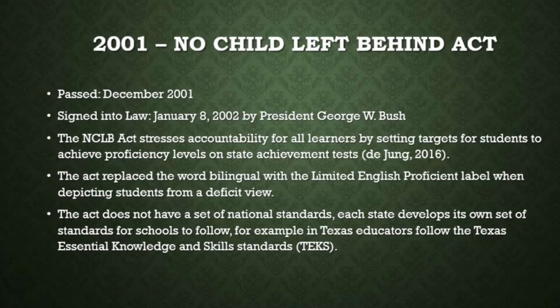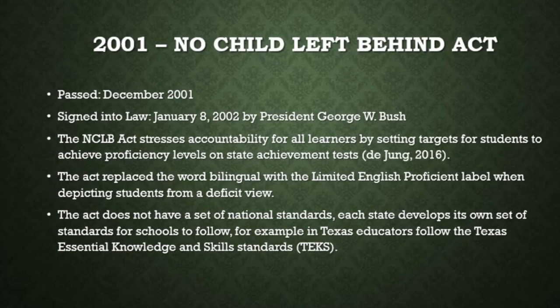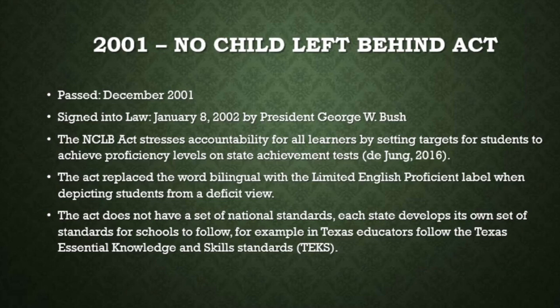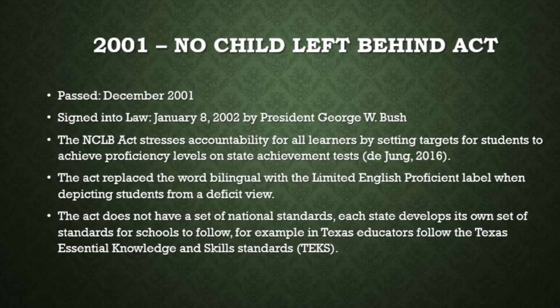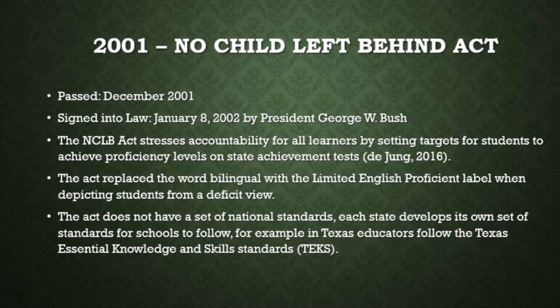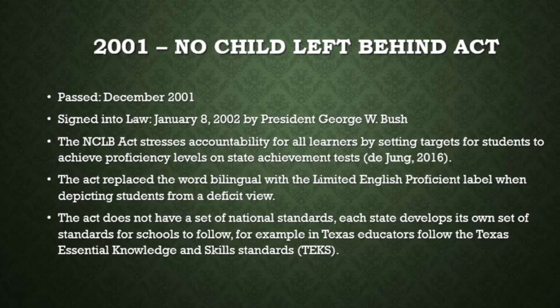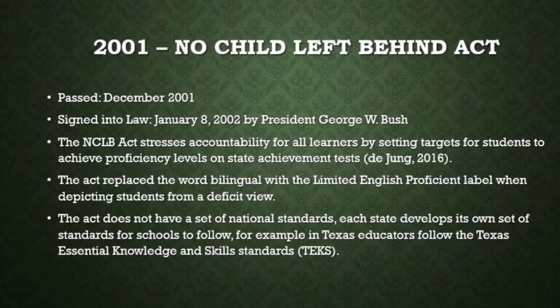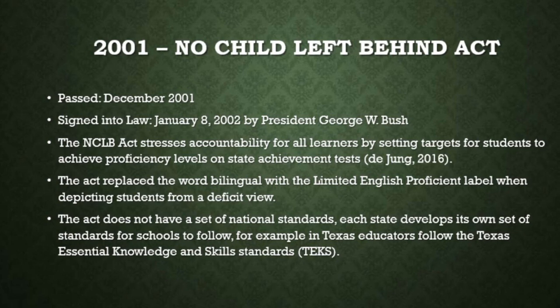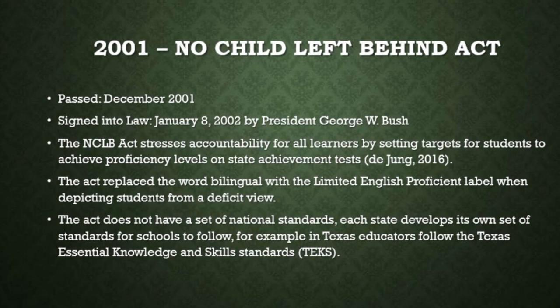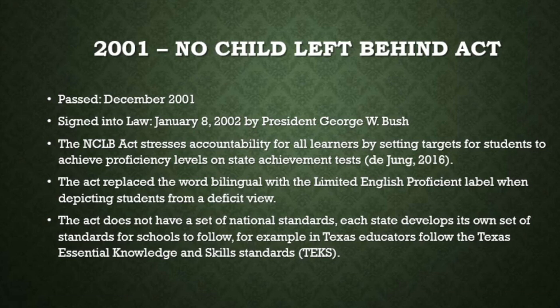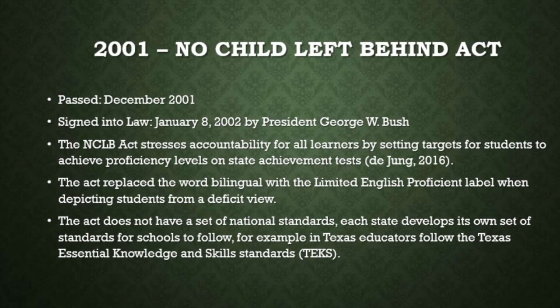The next piece of legislation we're going to look at was passed in December of 2001, and it was signed into law on January 8th of 2002 by President George W. Bush. This is the No Child Left Behind Act. The NCLB Act stresses accountability for all learners by setting targets for students to achieve proficiency levels on state achievement tests.